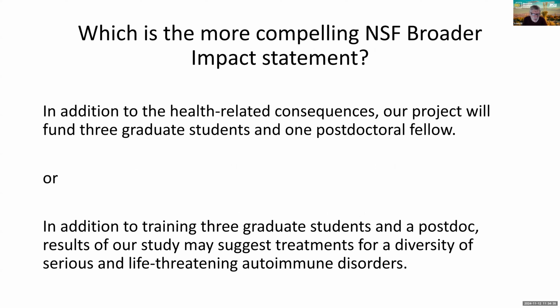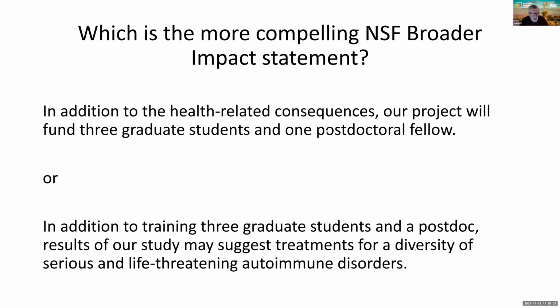A broader impact statement. Again, NSF requires this, and I think it's a reasonable thing to add to any agency's proposal. But let's look at two of them here. In addition to the health-related consequences, our project will fund 3 graduate students and 1 postdoc. What I'm seeing in the NSF broader impact statement is something about education.